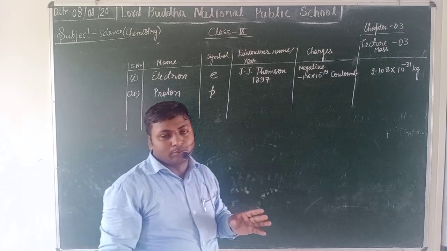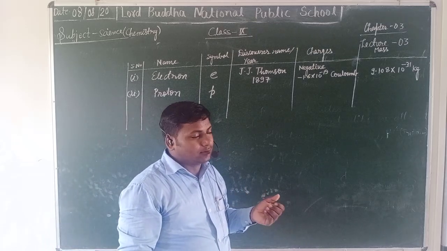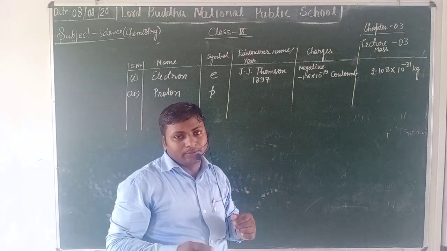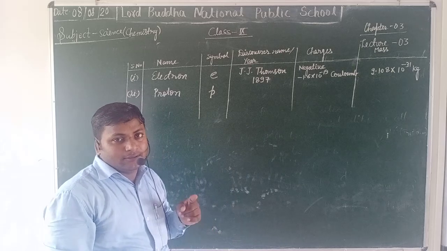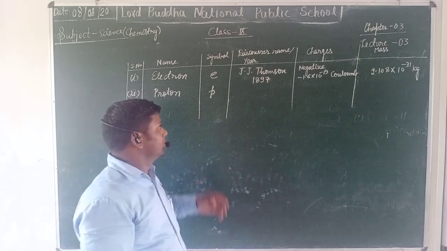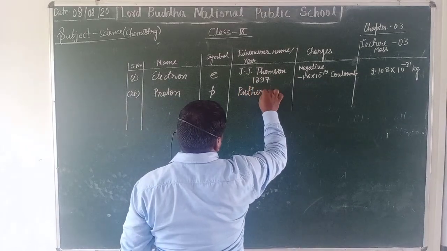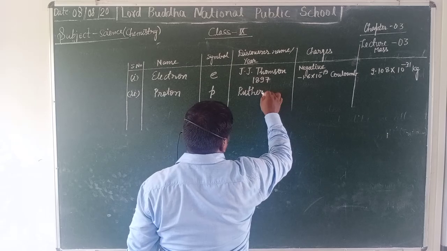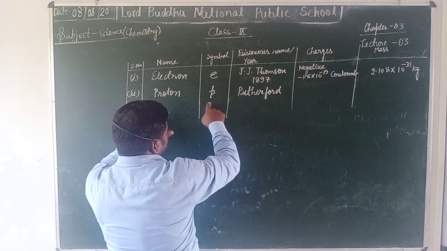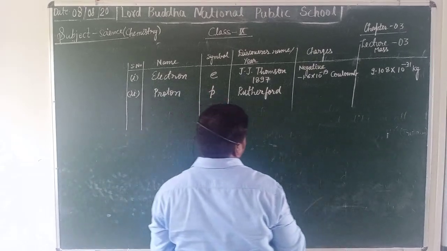But Rutherford, with the help of his alpha scattering experiment, proved and also explained the characteristics of protons, so the credit goes to Rutherford for the discovery of proton. Then I here write the discoverer name as Rutherford, and proton can be easily represented by the small letter p.